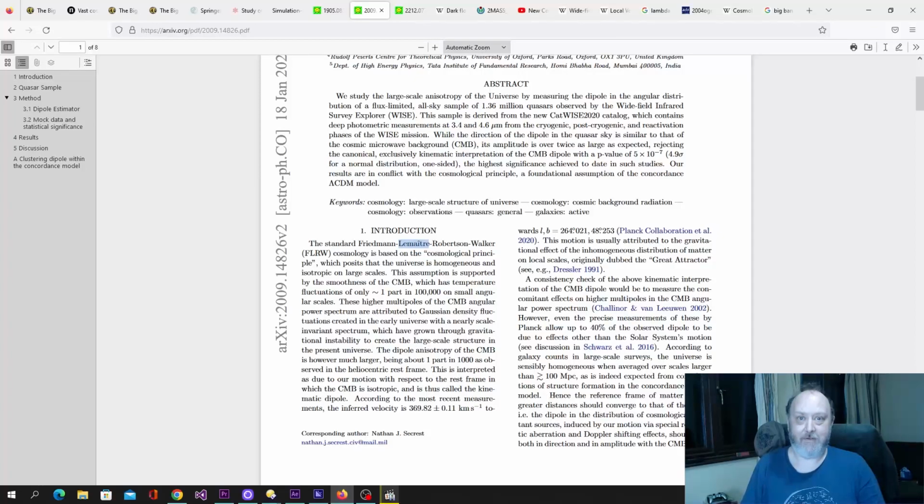At some point, in the next couple of podcasts, I'm going to be reading through the various essays in this book, and we can go through them together and have a look at the original source material of George Lemaitre.